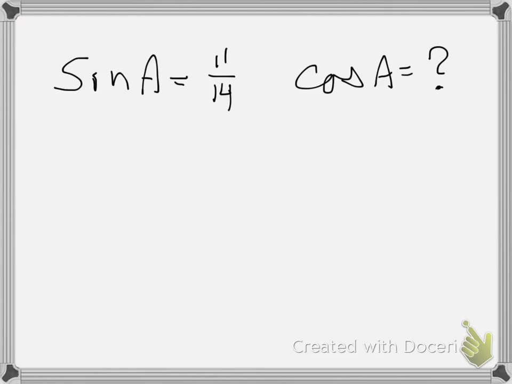Now, whenever you see the sine of an angle or a trig function of an angle, and they give you a fraction, okay? They gave you a fraction, and they asked for another one of the trig functions for this particular angle. Remember what the trig functions are.